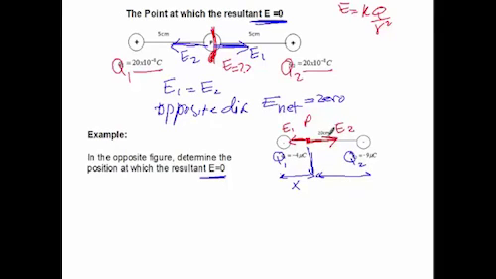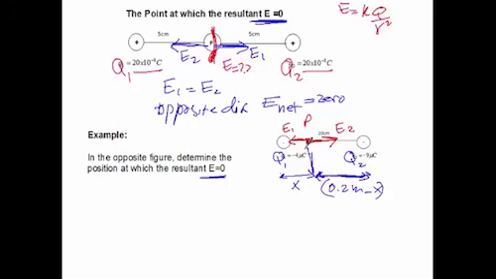The whole distance is 20 centimeter, so it will be 0.2 meter, 20 divided by 100. So the distance from this point to Q2 is 0.2 meter minus x.